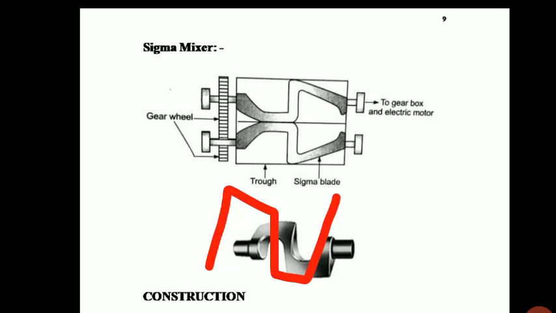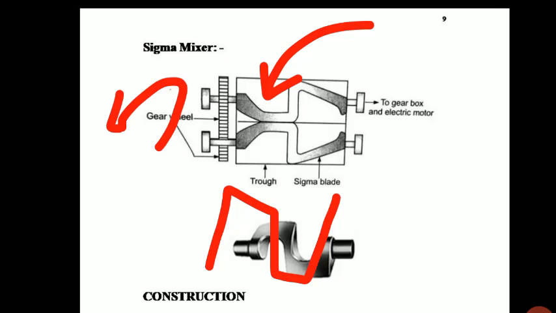Now we shall see the construction of this sigma mixer. Usually the mixer is loaded from the top and unloaded by tilting; we can tilt this and unload the compound from this mixer by rack and pinion drive.